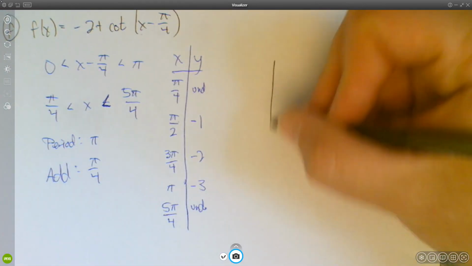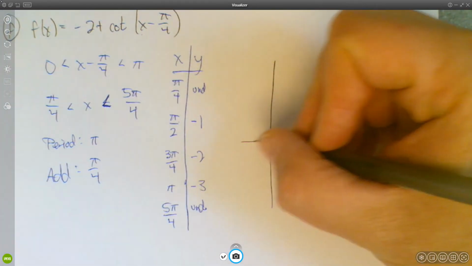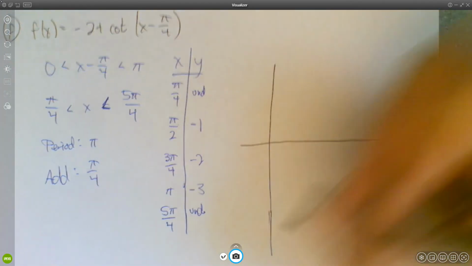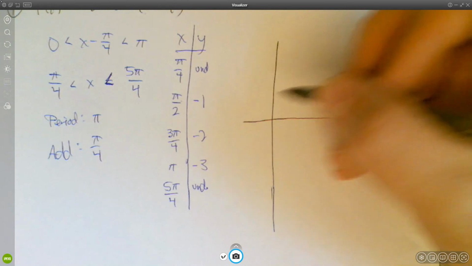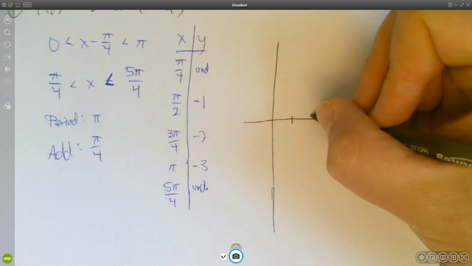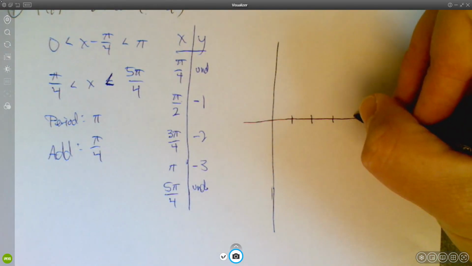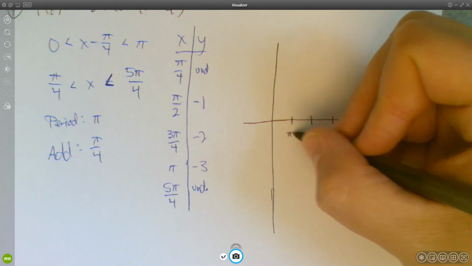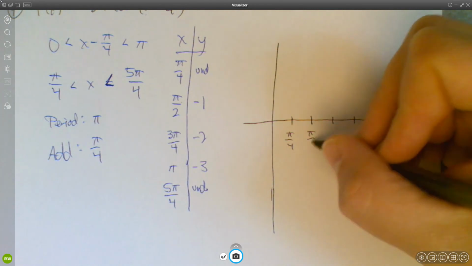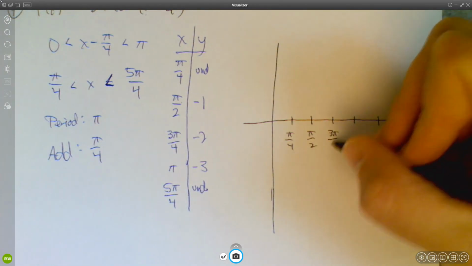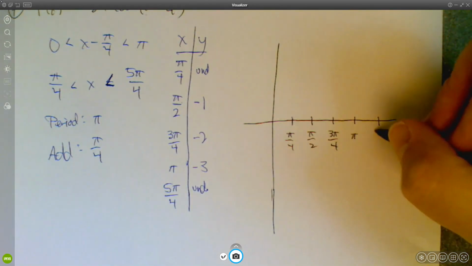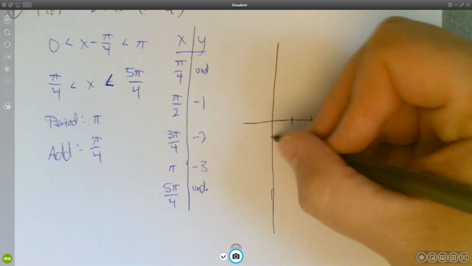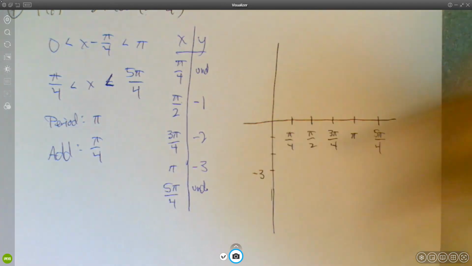Alright. Okay, so we've got pi over 4, pi over 2, 3 pi over 4, pi, and 5 pi over 4. And negative 1, negative 2, negative 3.